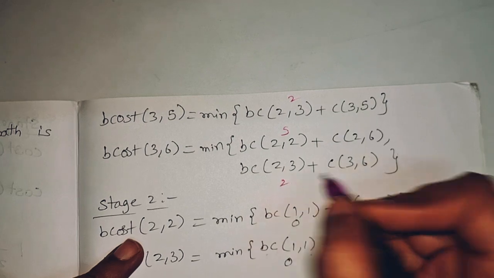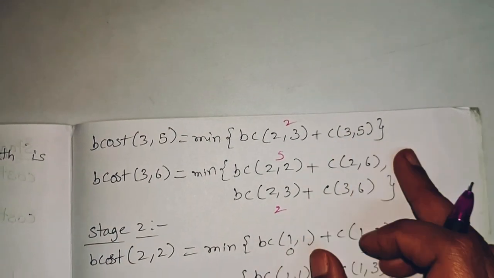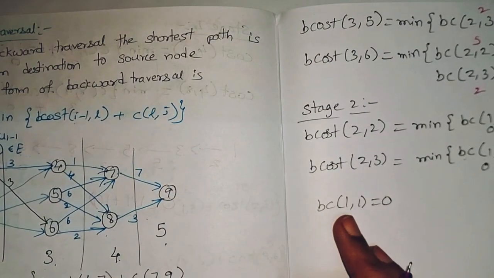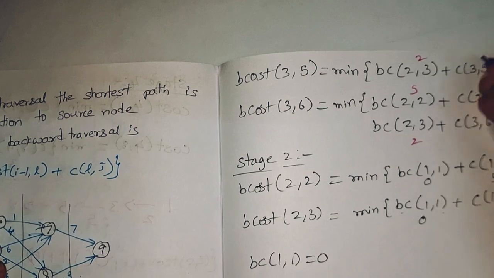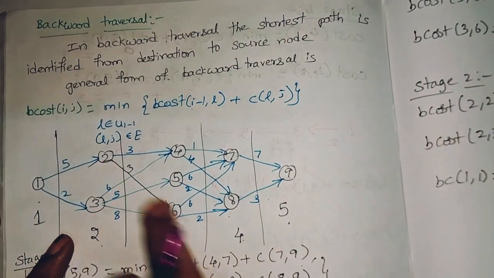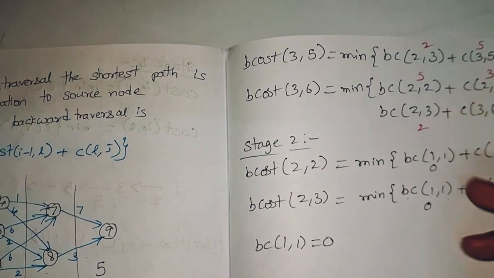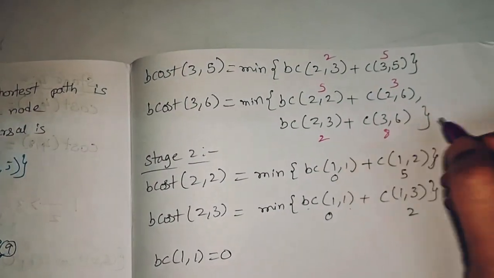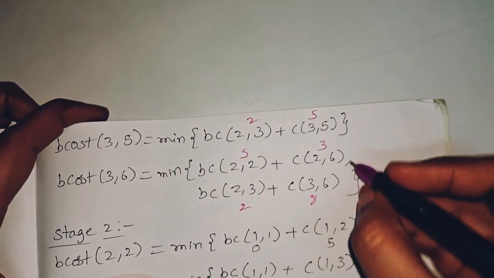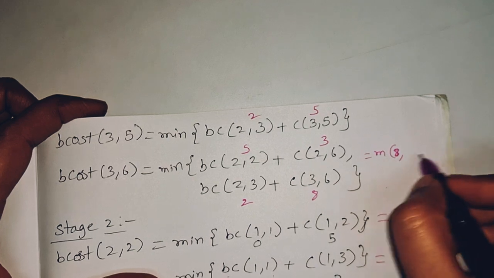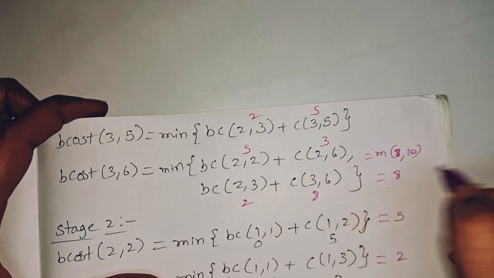Now we will find the values here: C of 3 to 5 is 5, C of 2 to 6 is 3, and C of 3 to 6 is 8. We need to find the minimum here, right? That equals minimum of 8 comma 10, which is 8.